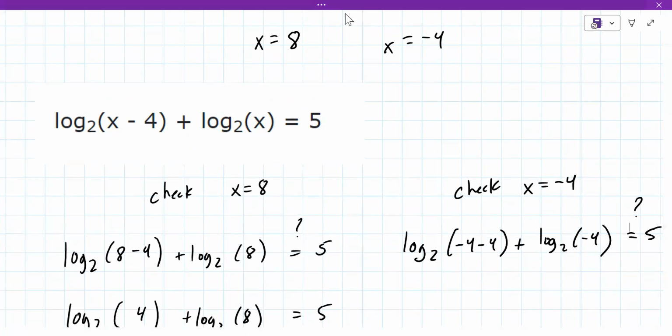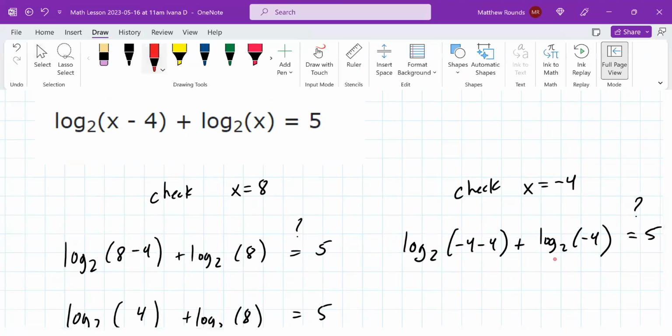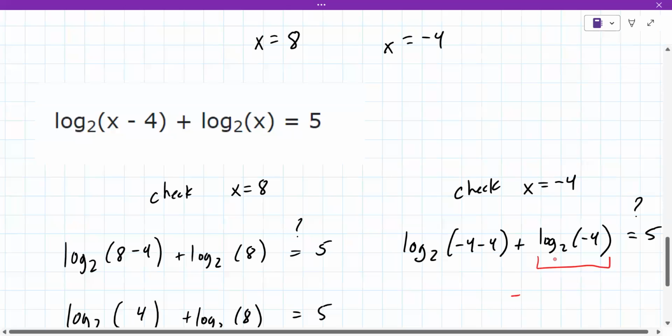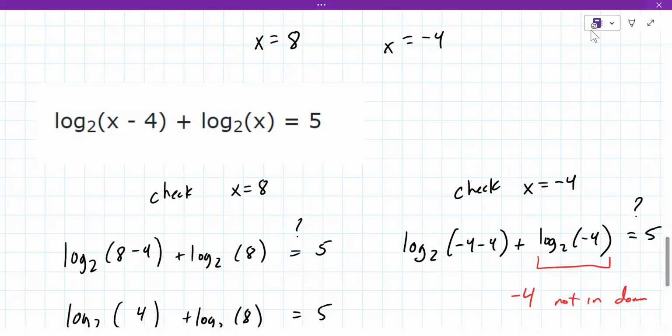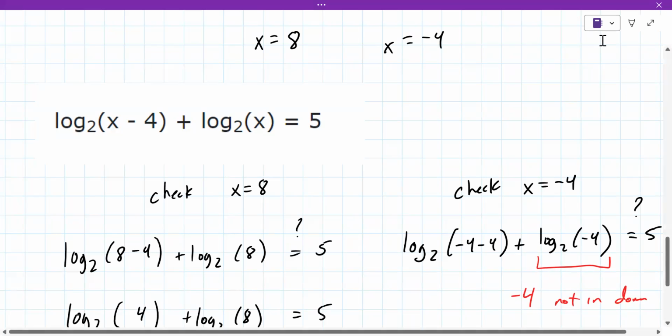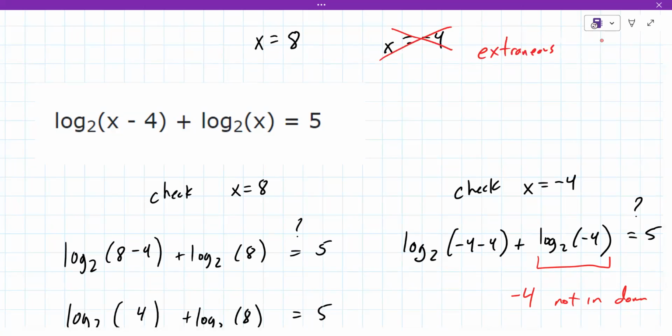So right off the bat to start here, there's a problem. -4 is not in the domain. So that means you cross it out and you write the word extraneous, and there you have it.